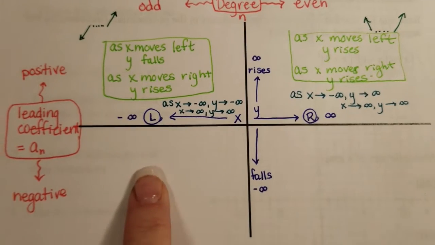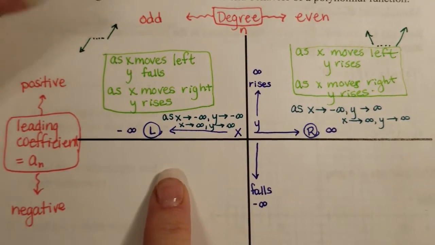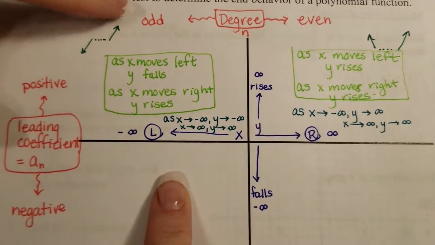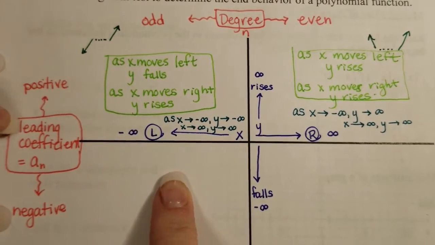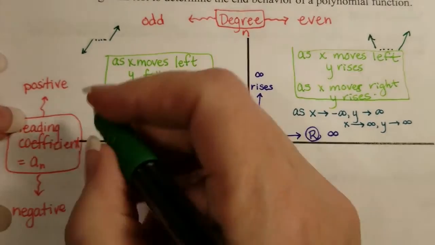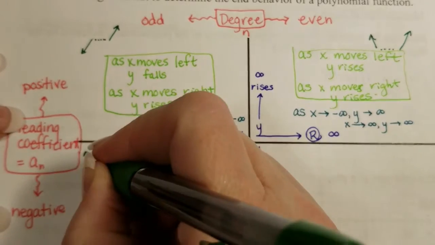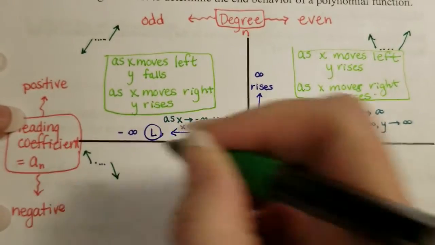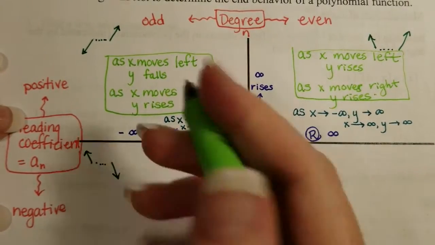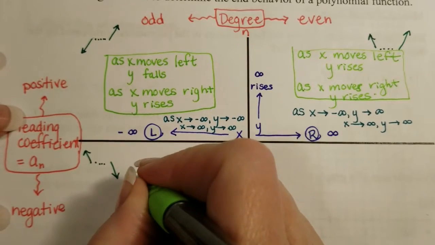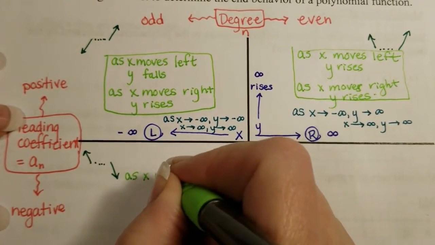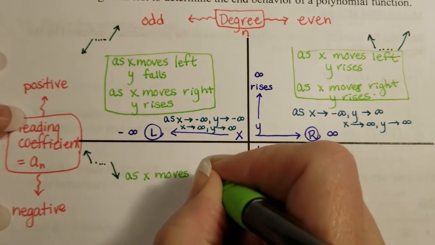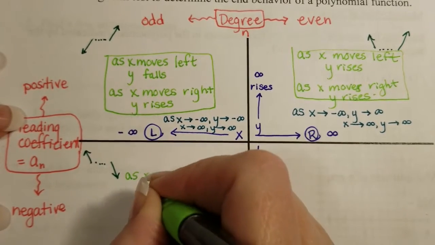When we get down to here, where the degree is odd and the leading coefficient is negative, it's going to look like this. Some stuff in the middle and the other end. So as x moves to the left, y rises.